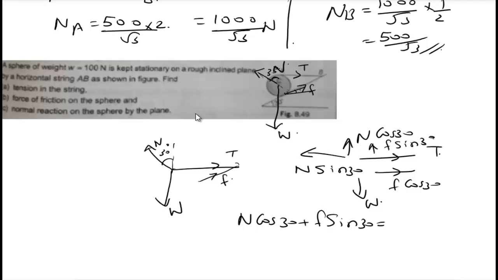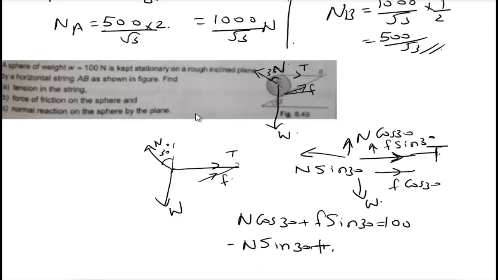Weight is 100 Newton. Then for the horizontal direction: minus N sin 30 plus T plus F cos 30, where tension is acting in this direction.